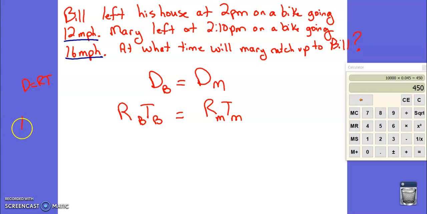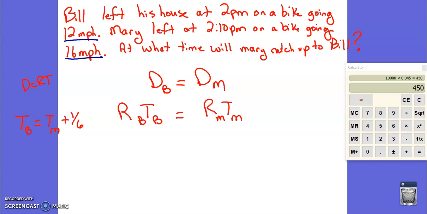Bill's time was, because he left 10 minutes earlier, he had a little bit of a head start, 1/6 of an hour head start. Again, 10 minutes is 1/6 of an hour.